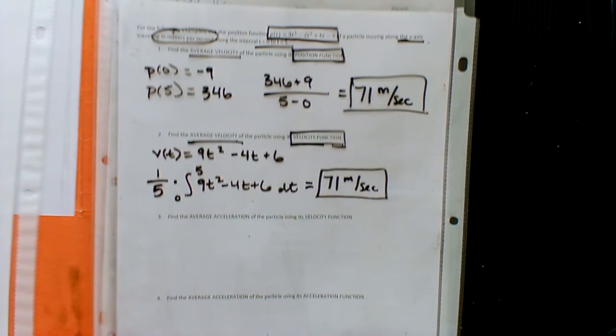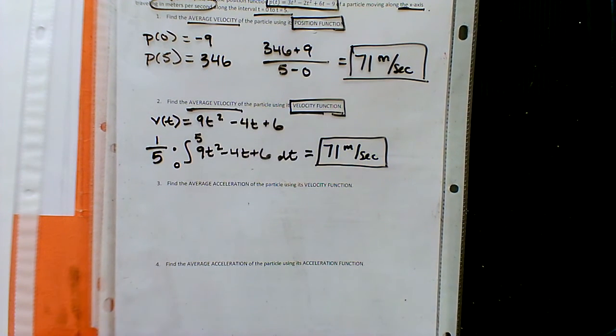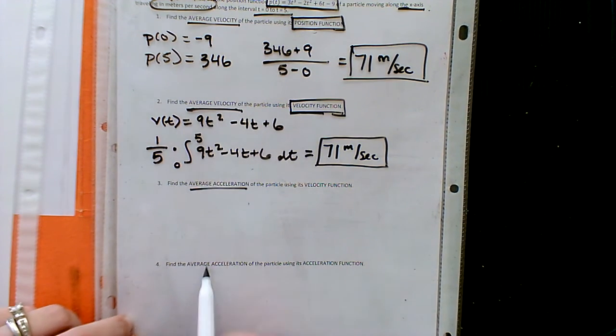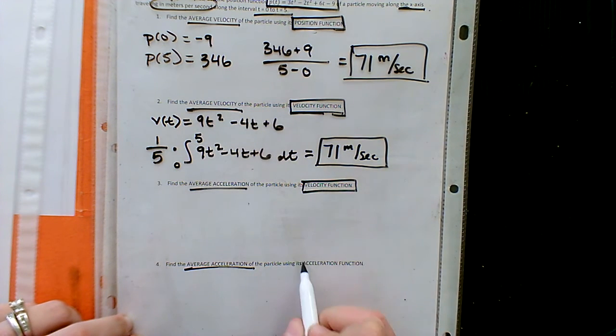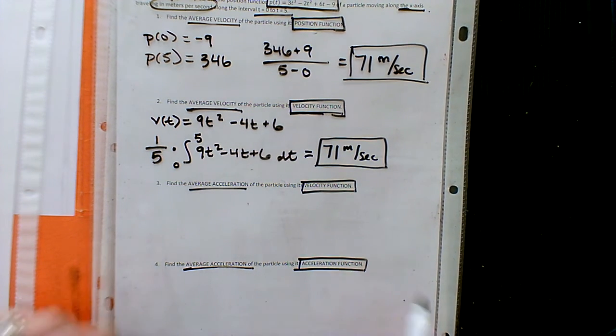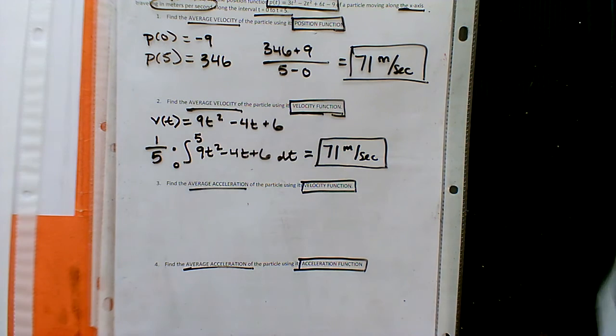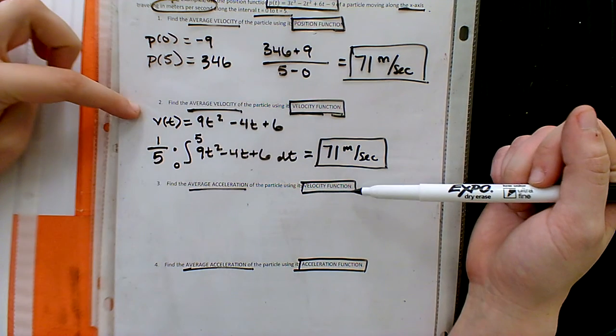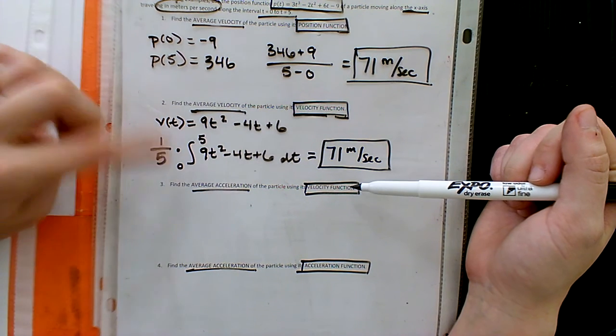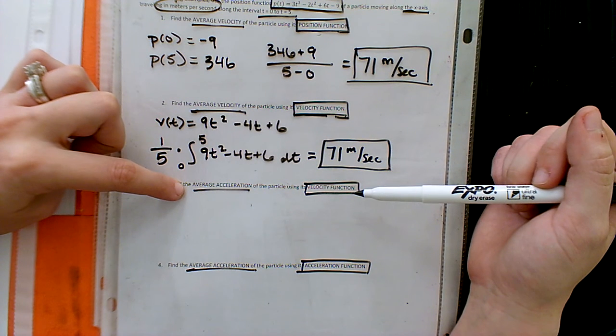All right, let's try the same thing, but this time we're going to look at average acceleration. So depending on the information we have, we're going to first take a look at if we had velocity, and the second one we'll take a look at if we actually had acceleration. So assuming we have a velocity function, which we actually found in part 2, how can we use that to get average acceleration?